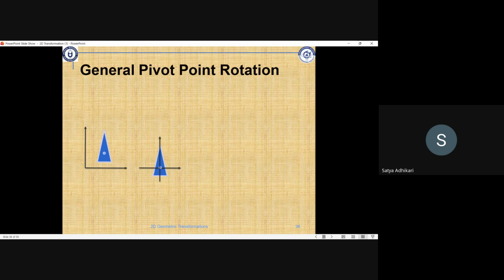I am using a translation, and that point is moved to the origin. Now the object has moved with it, and the pivot point is on the origin. It coincides with the origin. Second picture.